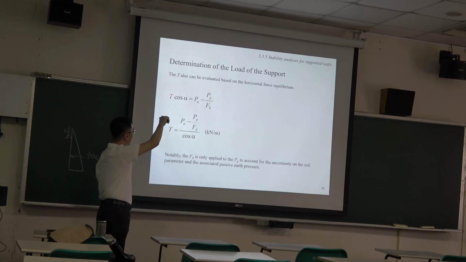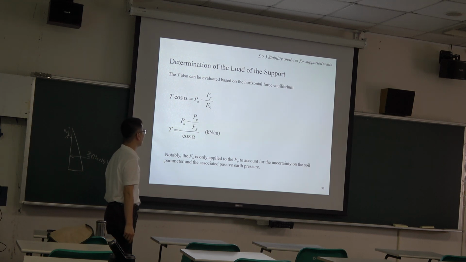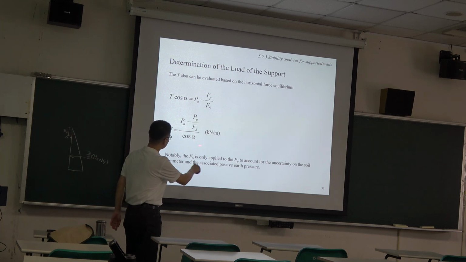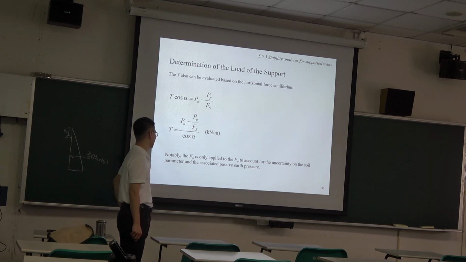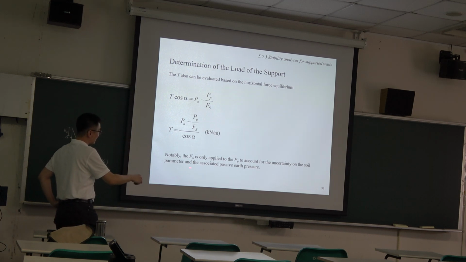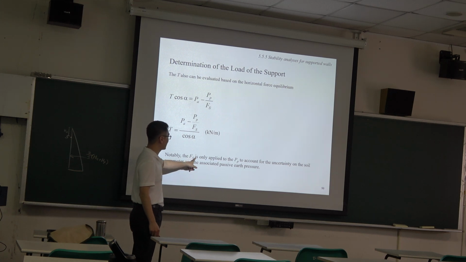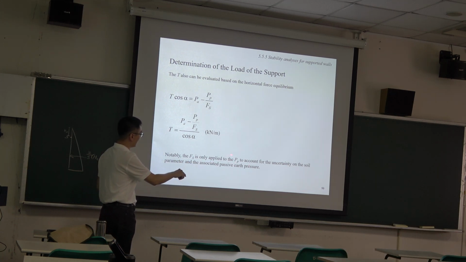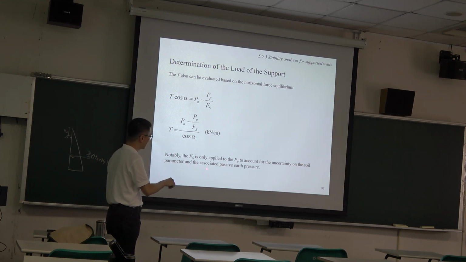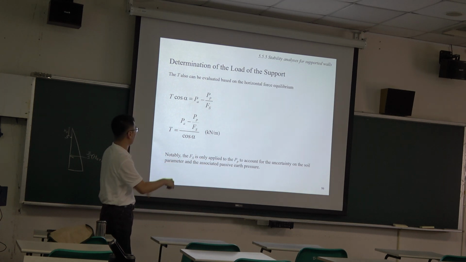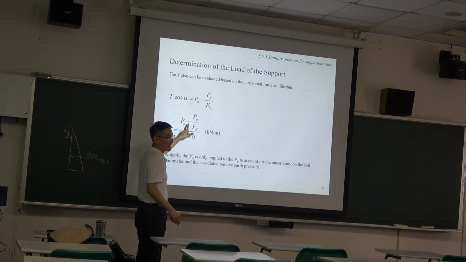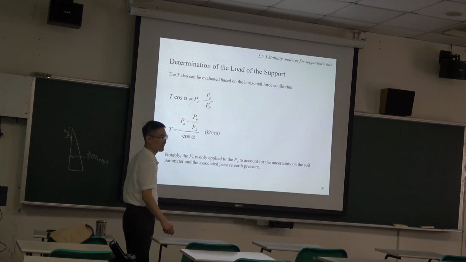We can also work out the T requirement. And we have a certain condition. Fs is only applied to the passive side to account for uncertainty in the soil parameter and the associated passive earth pressure. So we cannot put Fs everywhere. We can only put Fs on this side.